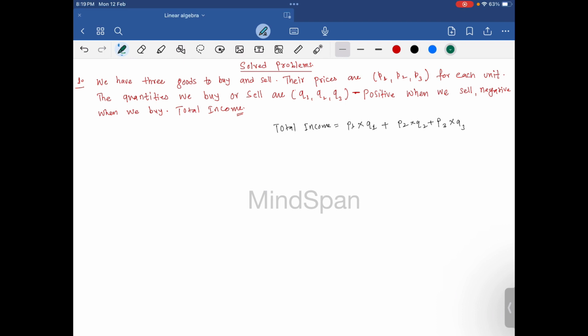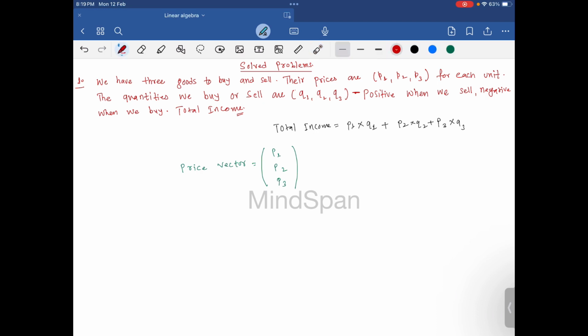How will you write this price vector? It will have three components, P1, P2, P3. Can you tell me what the dimension of this vector will be? Three components, 1, 2, 3. So this vector belongs to some three-dimensional space, right?